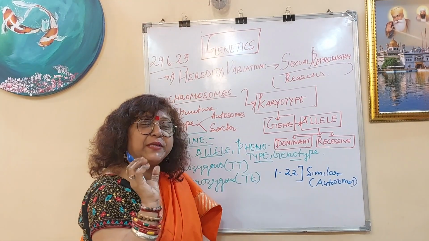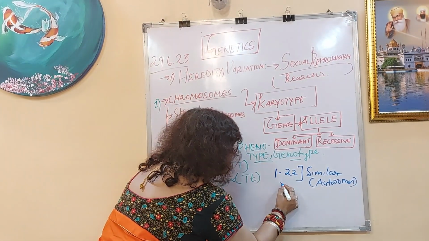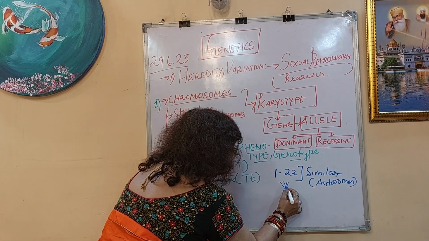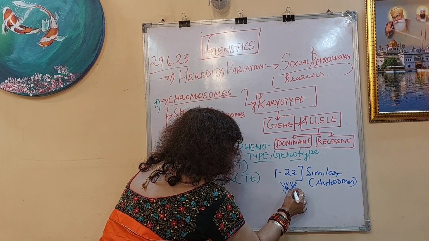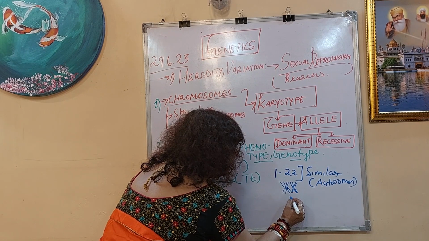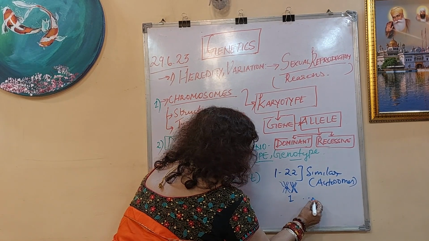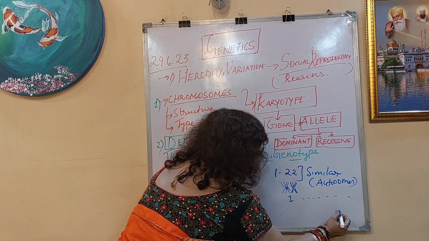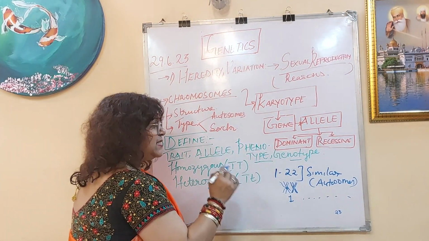Always these chromosomes exist in pairs. This is a chromosome, this is a chromosome. They exist in pairs. This is chromosome 1. Like this, they will be arranged till 23. It's given in your book.